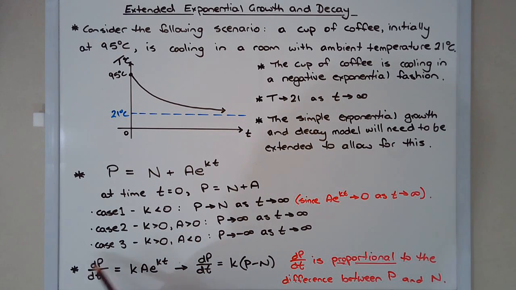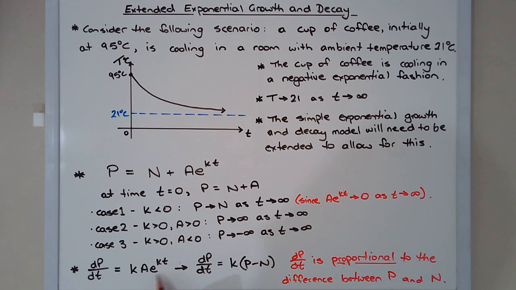Now, differentiating this extended exponential growth and decay function, dP/dt, because of course there'll be situations where we're interested to know the rate of change of P with respect to time. That's equal to k times A times e to the power of kt. However, the derivative can be expressed very similar to the way we represent the simple model, but with a slight change.